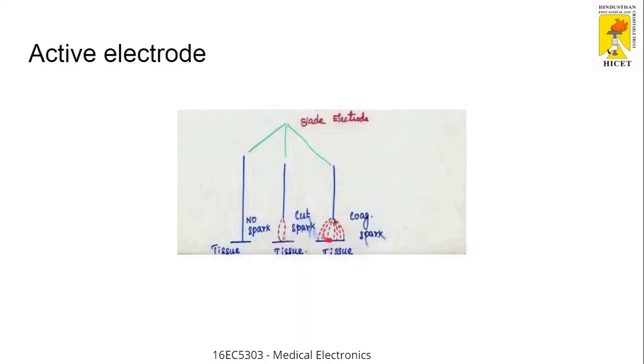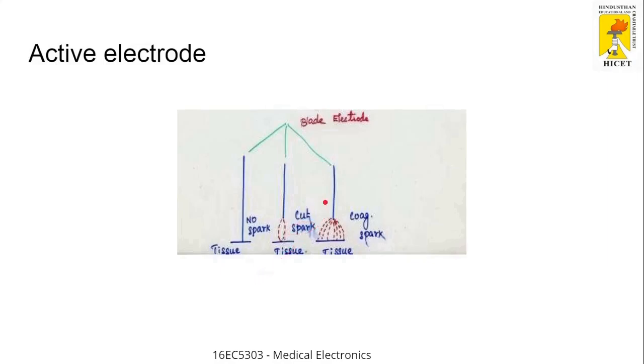If you use this type of spark, which spreads, you can see the dotted lines are spread over this particular area, which means that this is used for coagulation. So what is coagulation? You know that if someone gets poisoned, to kill that poison they will give another poison.